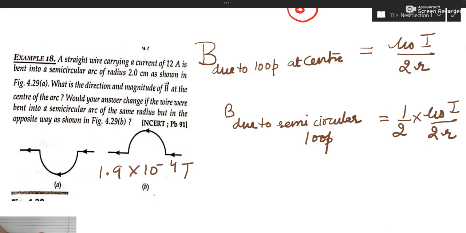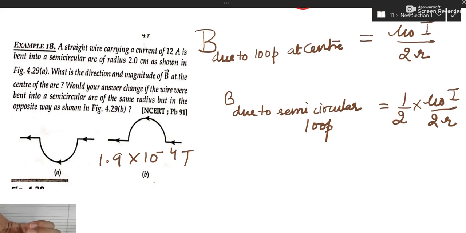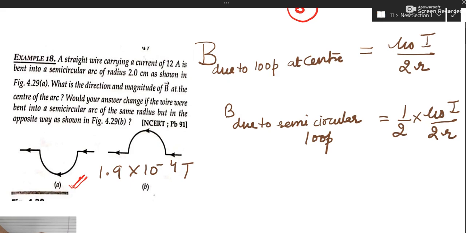Let us do practice of these type of questions more and more so that we understand it clearly. You can see here we have to find out magnetic field. This is also semicircular loop. Then let's write it. Full circle say magnetic field is mu naught I by 2r, or half say it will be half of this. Suppose you have not understood the first question, you can try here.